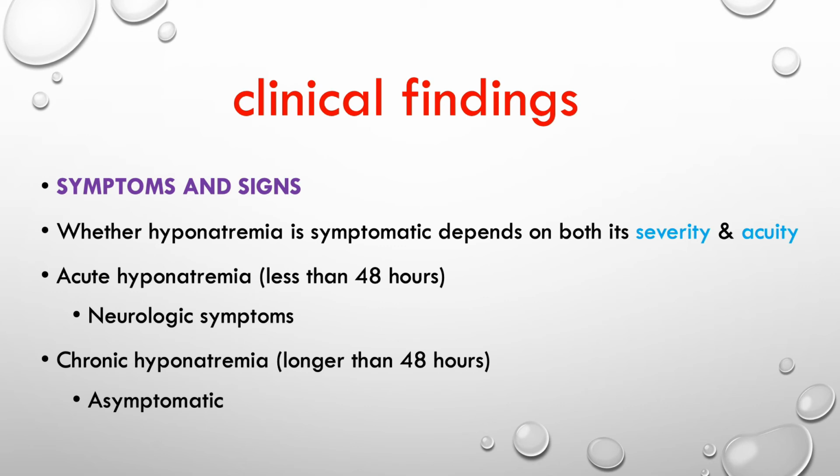Chronic hyponatremia is often diagnosed on routine electrolyte measurements. Patients are often asymptomatic, as the brain has adapted to the surrounding hypotonicity. Subtle abnormalities, such as mild concentration and cognitive deficits, as well as gait disturbances that can lead to falls, may be present.